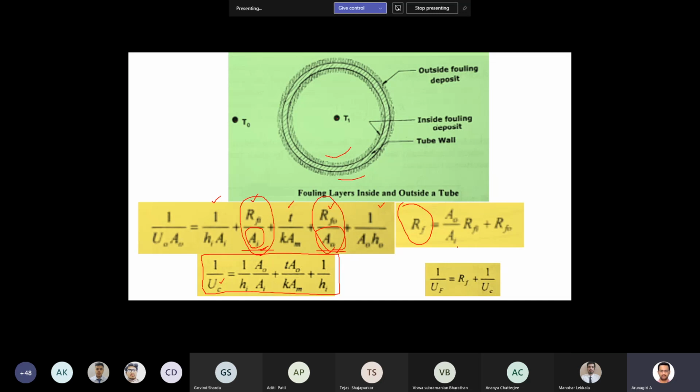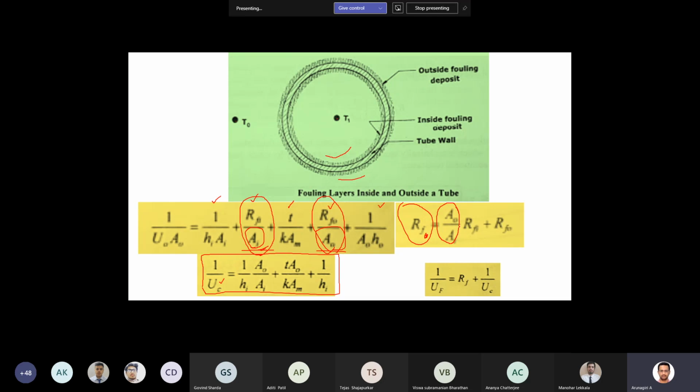So it has to be corrected, no? So R_Fi by A_i, and here you have R_Fo by A naught. If you multiply both terms by A naught, this is the area correction. Sorry, this is R_F overall.